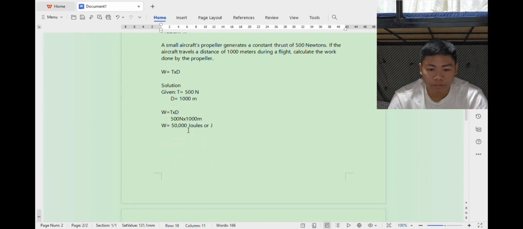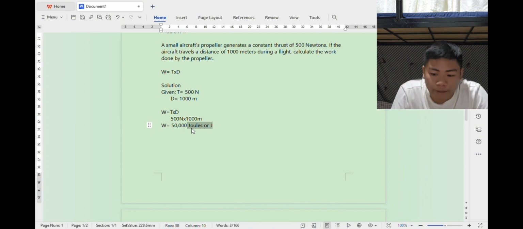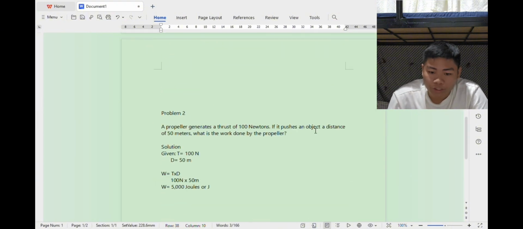You might wonder why we use joules, or J. According to my research, in physics, work is measured in joules. Joules are the standard unit of energy, and work done is a form of energy transfer. When an object is moved by a force over a distance, work is done on that object.